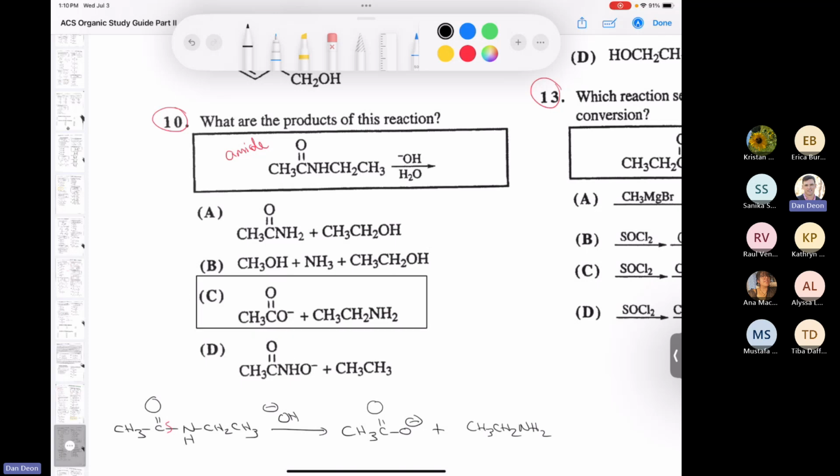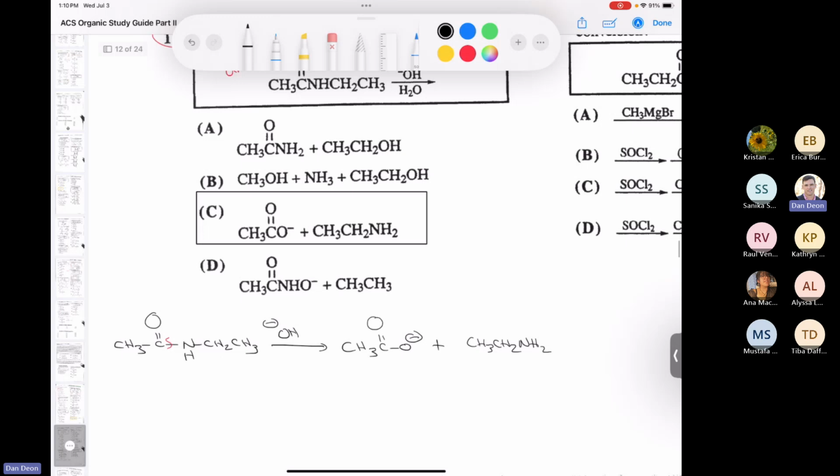Now, the answer is not shown in here, but I just want to point out and remind you that if you were to take this compound and hydrolyze it in acid, on the other hand, you would end up with the carboxylic acid. Get it? You're in acid, so you get an acid. When you're in base, you end up with a base, okay?